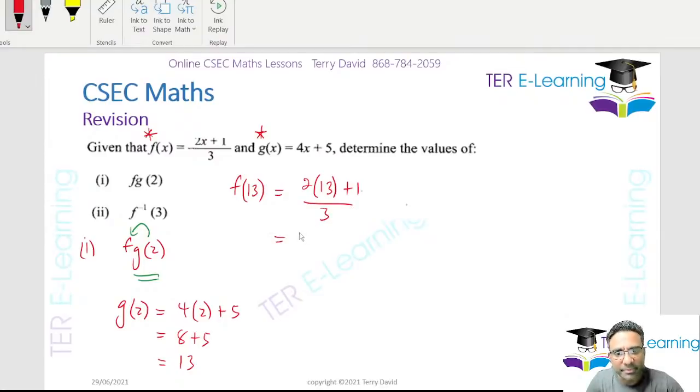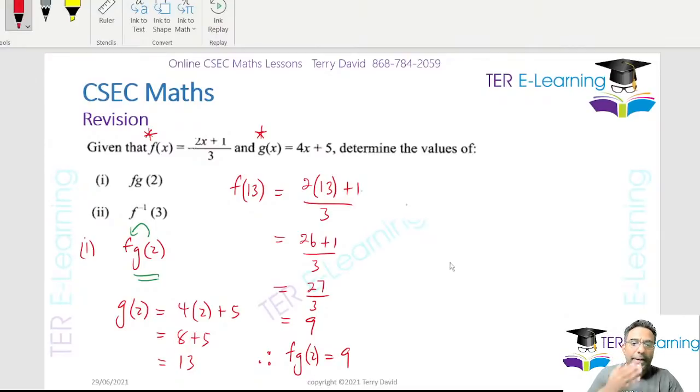So that is 13 by 2 is 26 plus 1 over 3, which is 27 over 3, which is 9. So therefore, my answer, which is fg of 2, is equal to 9, right? So when you have a composite function, that's what we do. We do it in two parts, right? Now, CSEC indicated in the broad topics that this is coming, right? So make sure you know how to do a question like this.